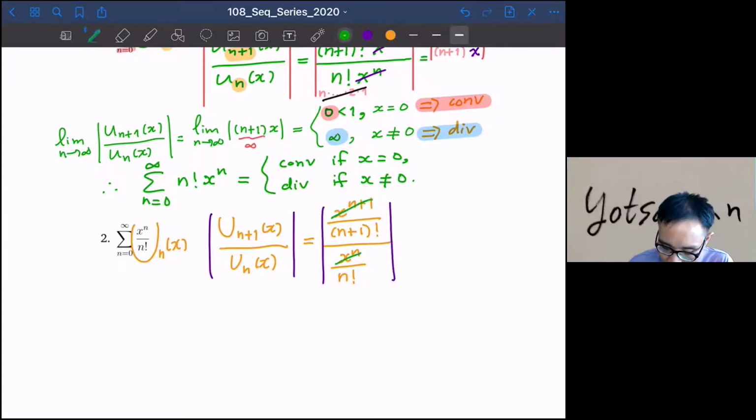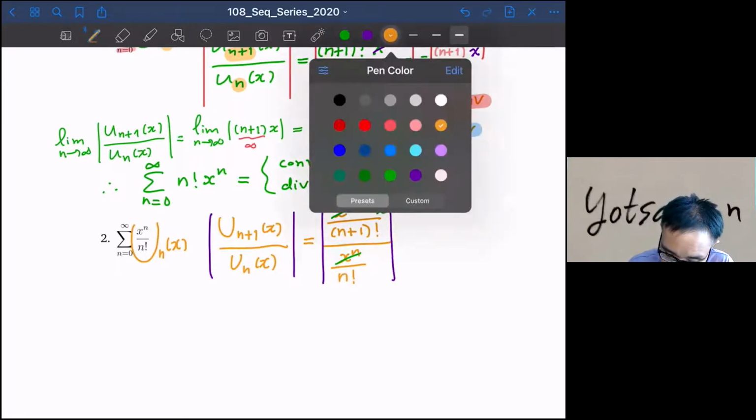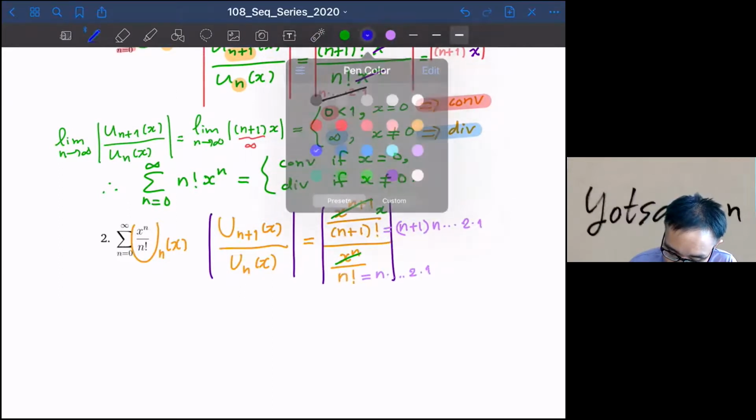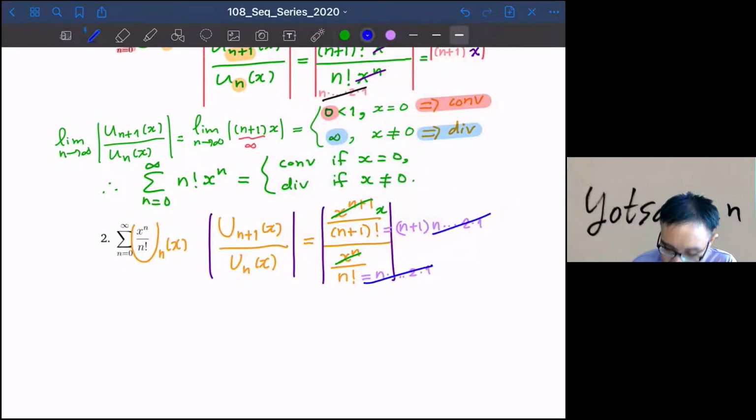And then you get rid of common factors, so you get x. And you're going to have n factorial like we used to have. For this one, it's going to be n plus 1 times n times down to 2 times 1, and this one will be n times down to 2 times 1, and you get rid of this common number.